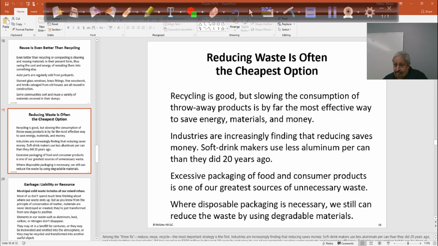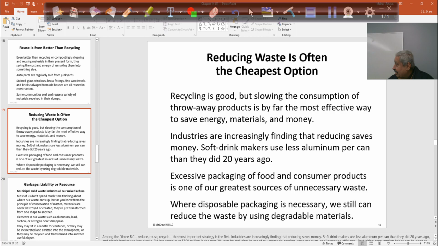Recycling is good, but slowing the consumption of throwaway products is by far the most effective way to save energy, materials, and money. Industries are increasingly finding that reducing saves money. Soft drink makers are using less aluminum per can.